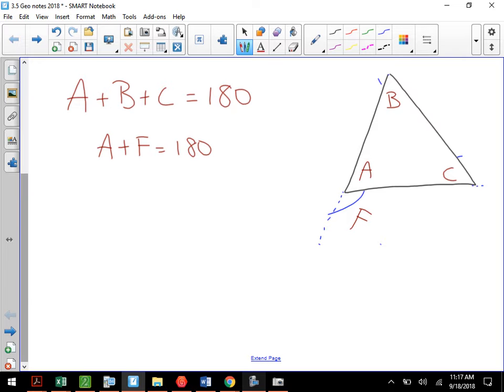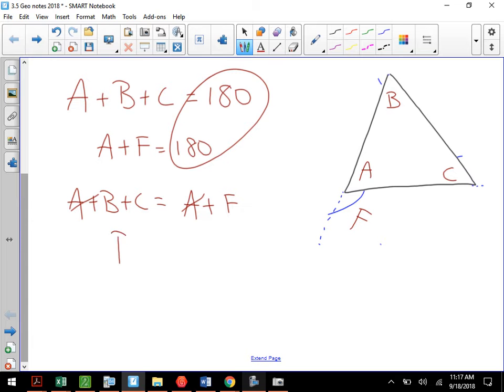So by knowing that these two values are the same, I can then say that A plus B plus C has to equal A plus F. What do they have that's the same on both sides? So what would you do? Subtract it. If I subtract it, it drops out, doesn't it? That means that angle B plus C has to equal angle F.